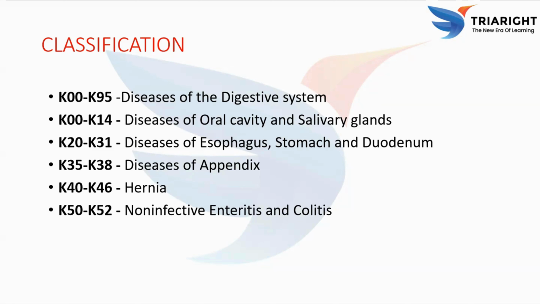For example, Crohn's disease and ulcerative colitis. Colitis is nothing but the inflammation of the colon, whereas non-infective enteritis: entero indicates the small intestine, and itis indicates inflammation. So enteritis is the inflammation of the small intestine.